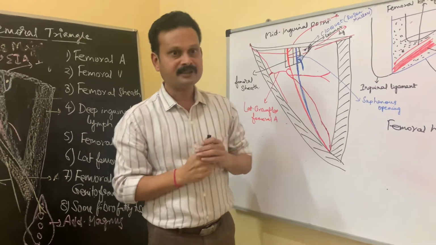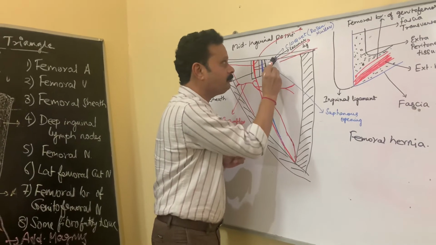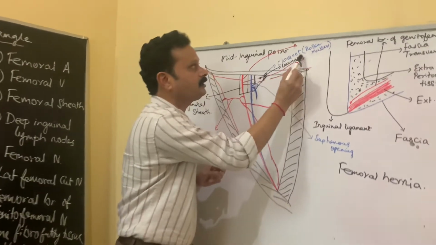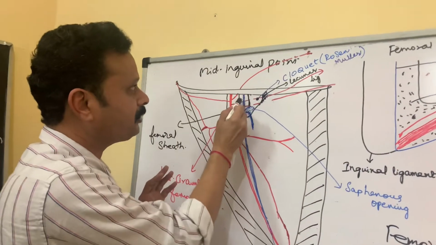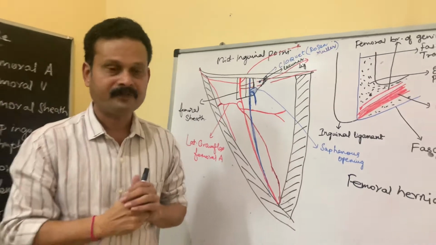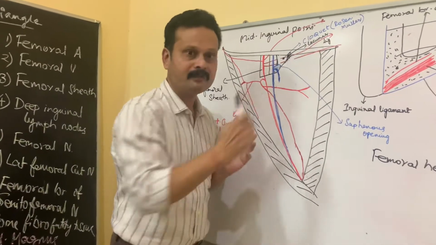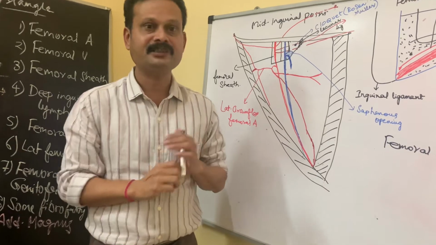In which case an incision has to be taken across only the medial aspect of the femoral canal, that is the lacunar ligament, because you cannot incise laterally as it contains the femoral vein. You cannot incise anteriorly. So the only option left is the medial one, where the lacunar ligament has to be incised.